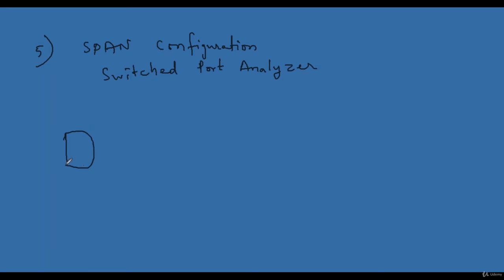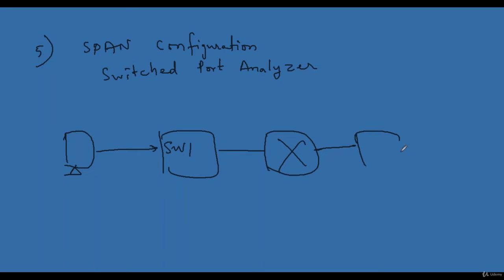So let's say this is your client machine. The client sends the traffic to switch 1, from where let's say it goes out to the router, and then from here it goes out to your server. So whatever incoming or outgoing traffic comes into the switch just mirrors everything to maybe this port, with port mirroring enabled.